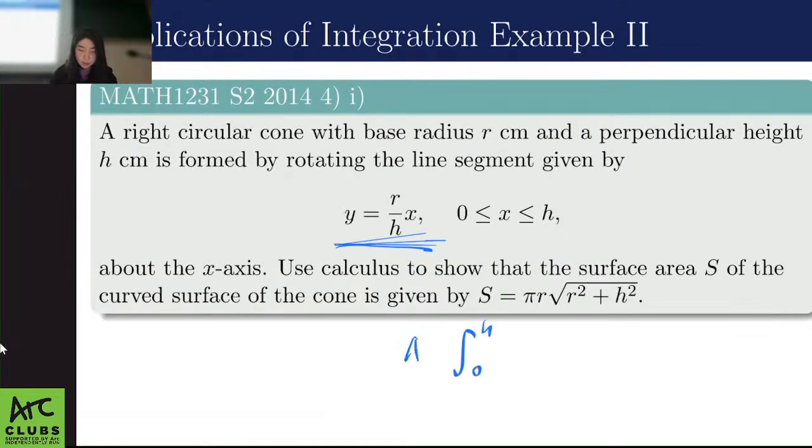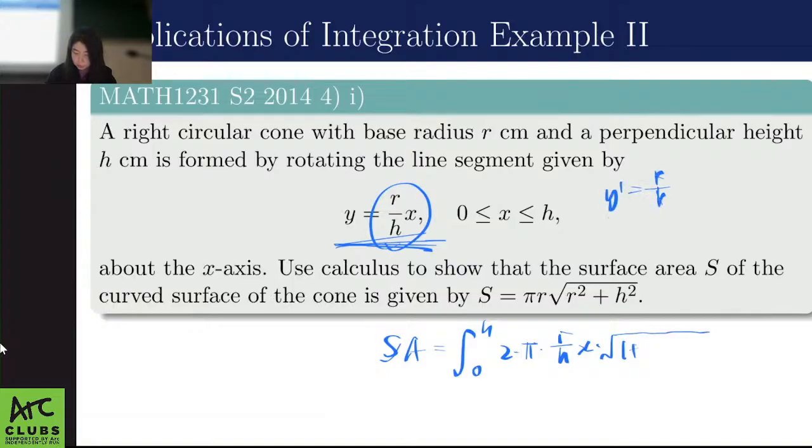So surface area, or SA, is equal to the integral from 0 to h of 2 times pi times r over h x, multiplied by the square root of 1 plus its derivative squared. So what is the derivative of this? Well, it's just a constant, which is equal to r over h. So we are just adding (r over h) squared, with respect to x, so dx.